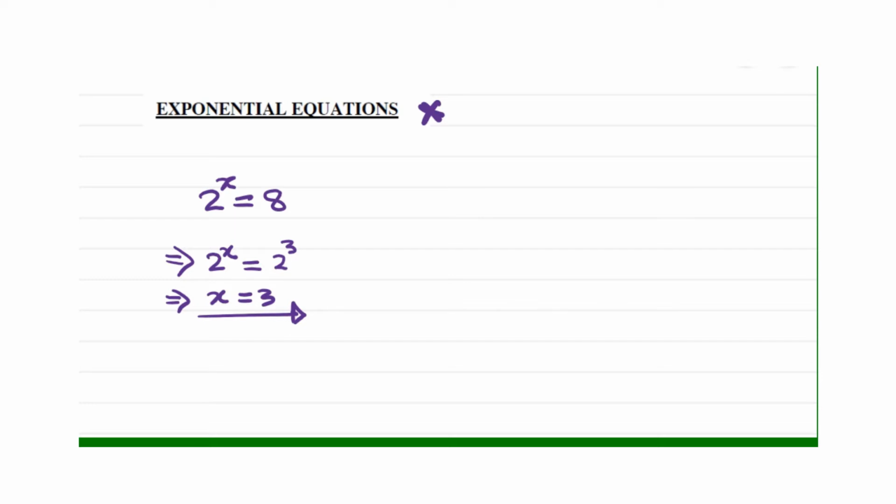Good. Now, going forward, another example: we have 3 multiplied by 2 to the power x equals 96. Again, yes, it's an exponential equation because we have 2 to the power x. As we proceed, we divide both sides by 3.